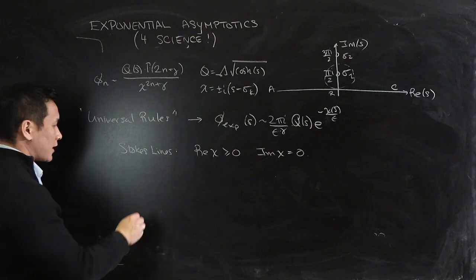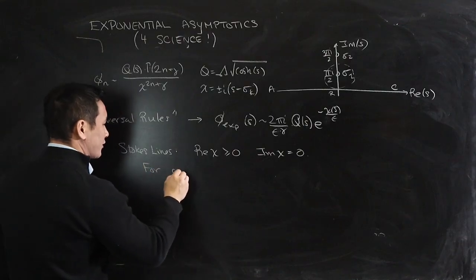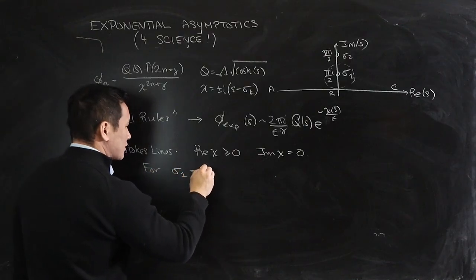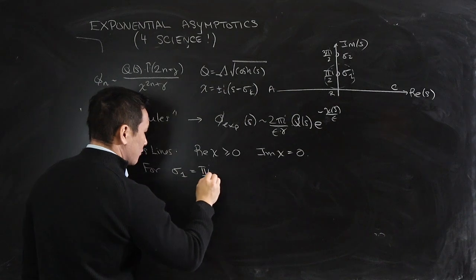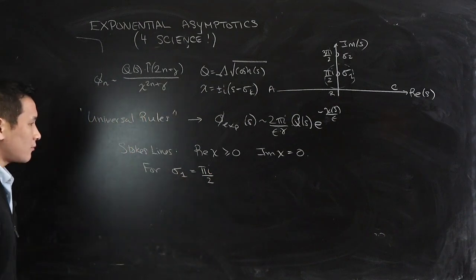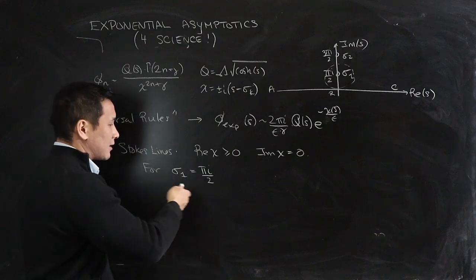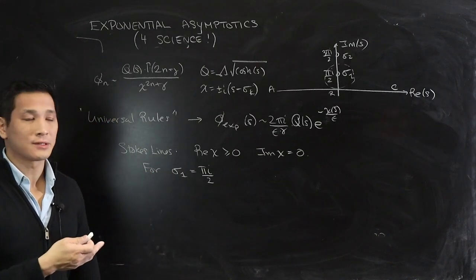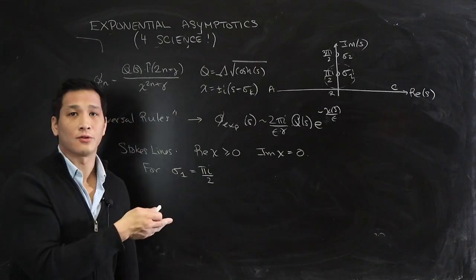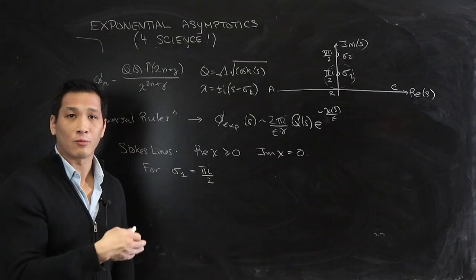So if I just look at sigma 1, which is pi i over 2, then for this singularity there are 2 singulants, 2 chi's associated to it, one with a plus i and one with a minus i.